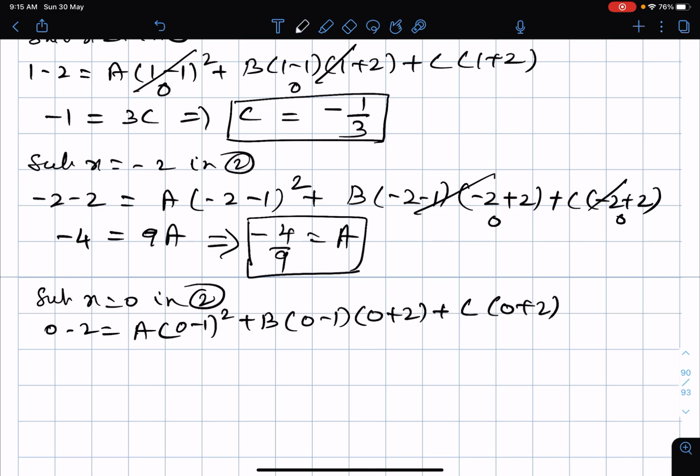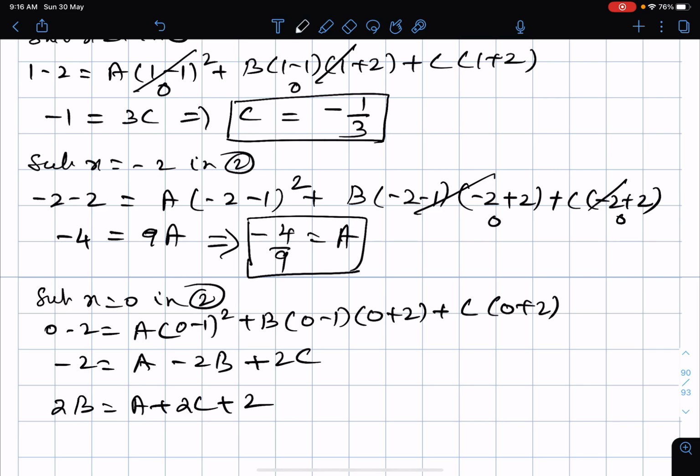So now this becomes minus 2 equals, 1 square is 1, so a. Here minus 1 into 2 is minus 2b, and here it is plus 2c. Now for a and c we know the values. So we take b to the other side and the 2 to this side, so you will get 2b equals a plus 2c plus 2.